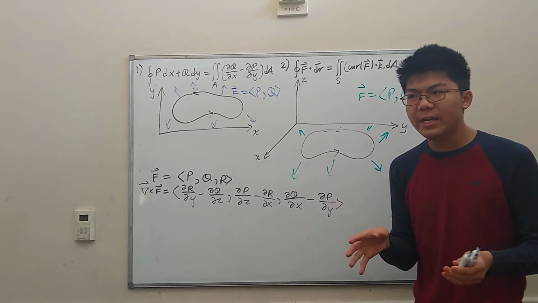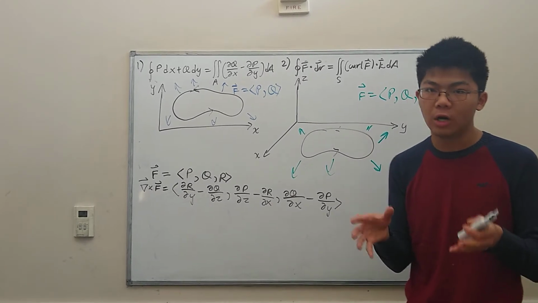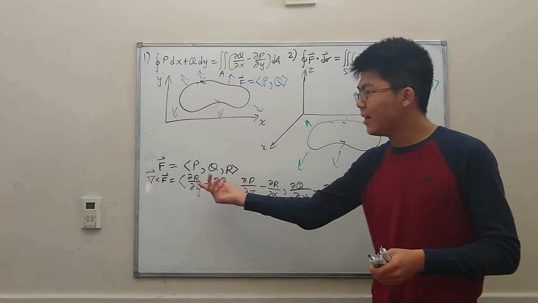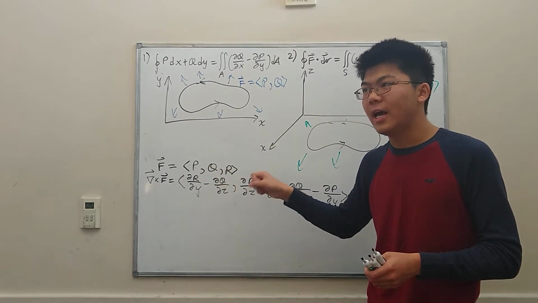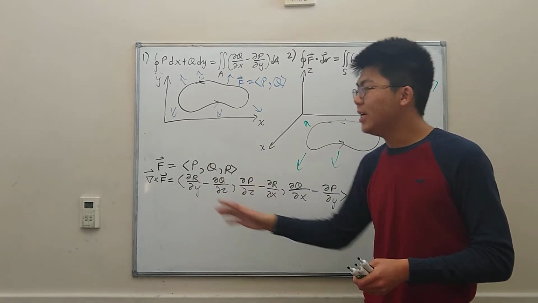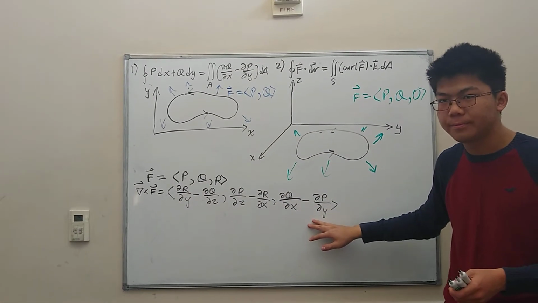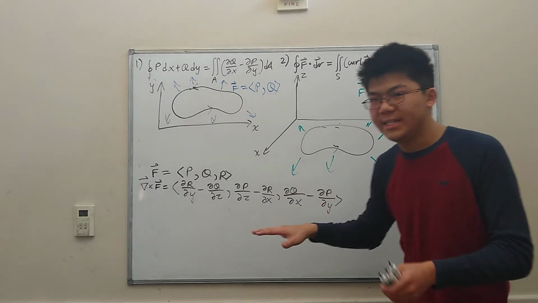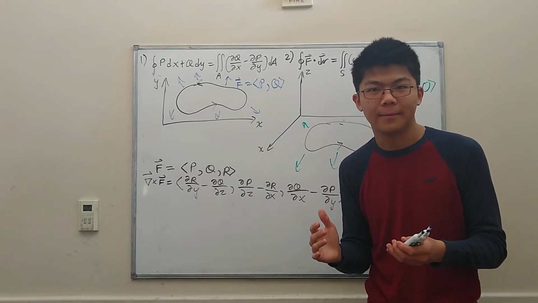So, remember in chapter 16.5, when we first talked about curl, if let's say our vector field is P for x, Q for y, and R for z, when you take the curl of it, you get all these derivatives over here. But for Green's theorem, it's in 2 dimensions only.